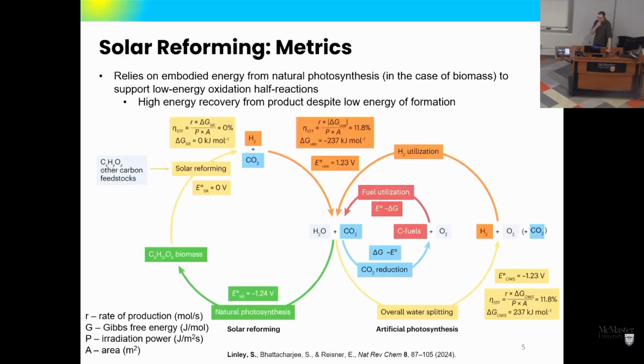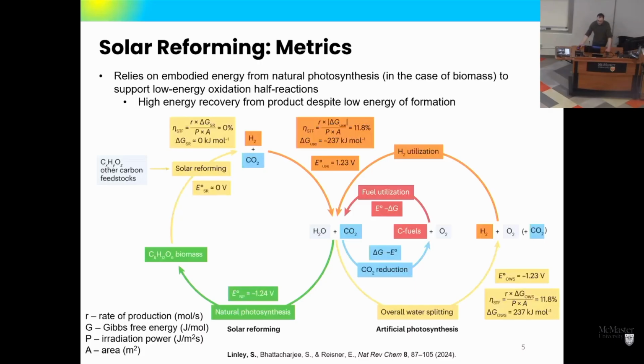In the case of water splitting, over here, we have this quite high Gibbs free energy that is required, and therefore we're storing that amount of energy, and that translates to our efficiency. But if we do the same thing for our solar reforming process, we end up with this really weird concept of having a near zero efficiency, because the Gibbs free energy required to form that fuel compound is suddenly so much lower.